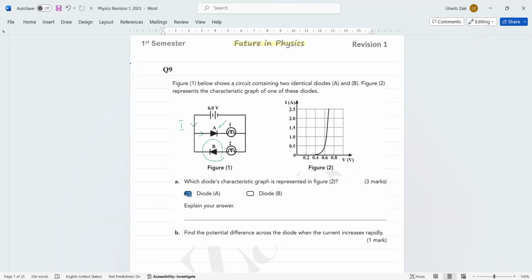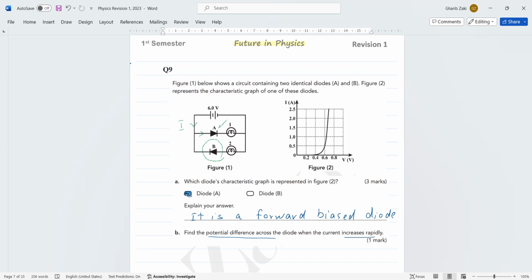Why? Because it is a forward biased diode. This is the reason. Find the potential difference across the diode when the current increases rapidly.